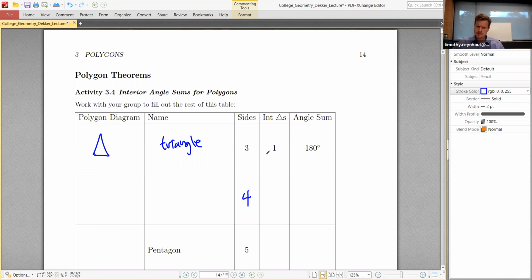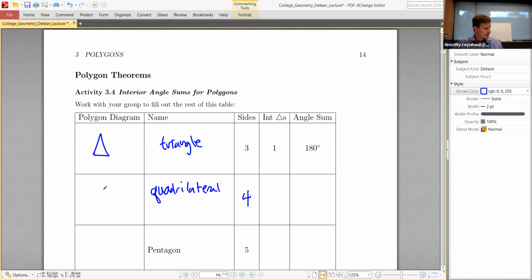And here it gives the number of interior triangles. And at first that kind of doesn't make sense, right? This is a triangle, so there's one triangle inside the triangle, and it's just the triangle itself. So that's nothing too crazy. But if we were to consider a 4-sided polygon, which in its most generic sense is called a quadrilateral, that could be anything with 4 sides.